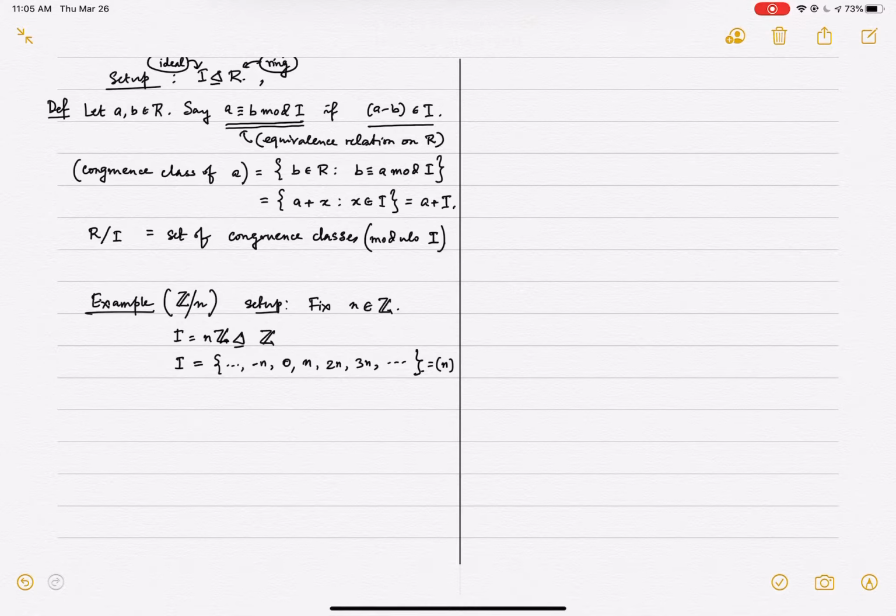In fact, we know that all ideals in Z look like this for some n. And now you notice that these statements are all equivalent.